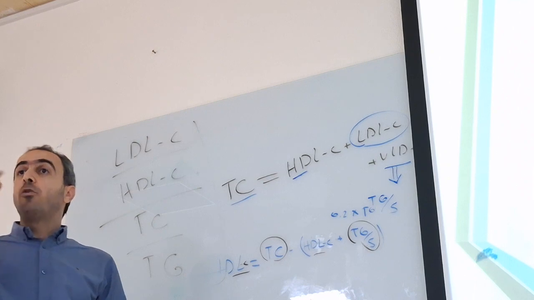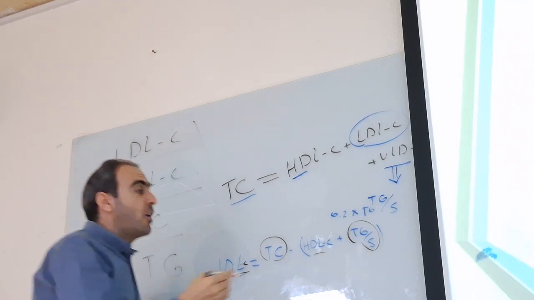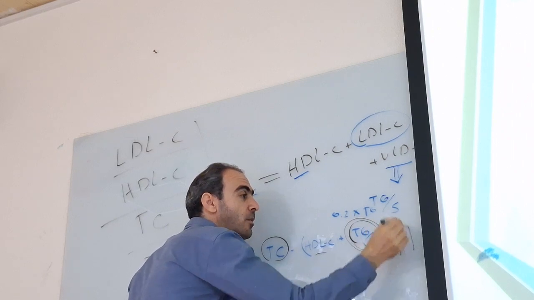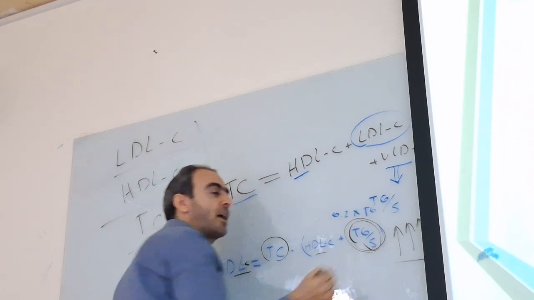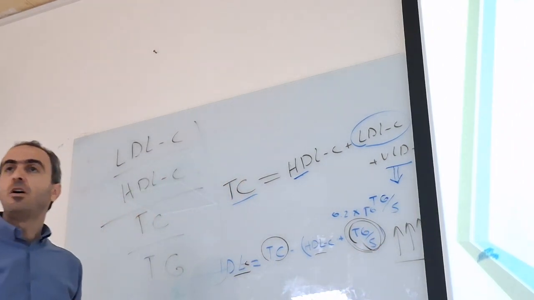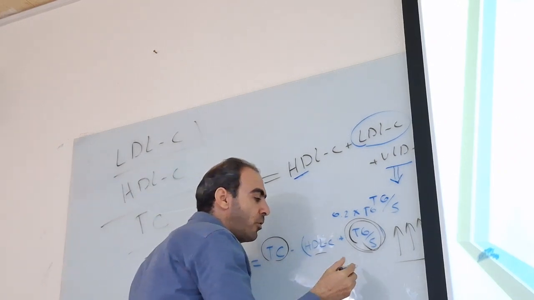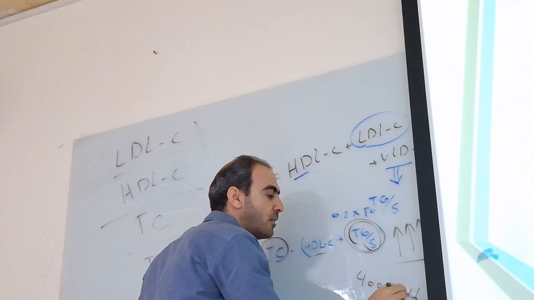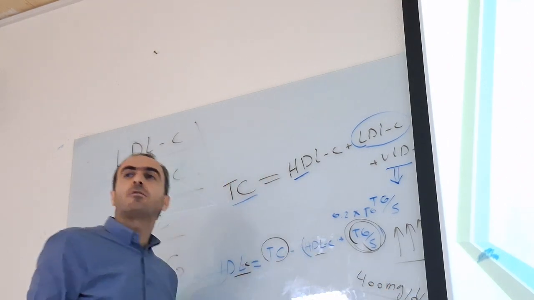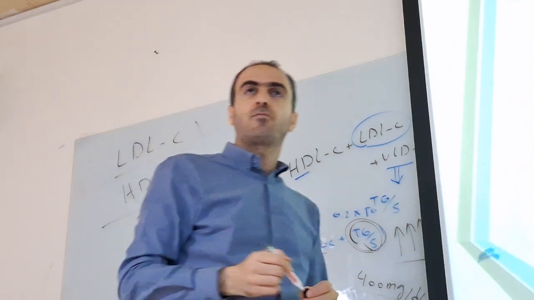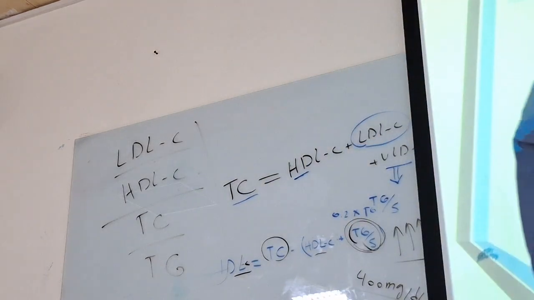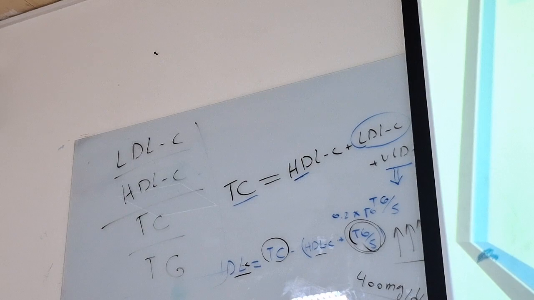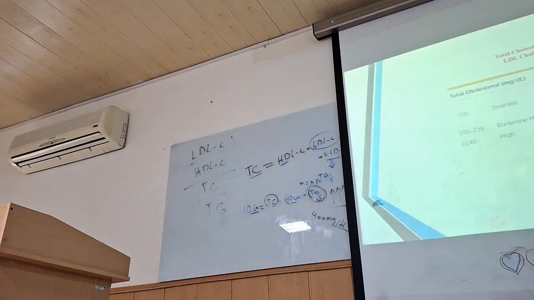But for people whose triglyceride is high, this formula cannot be used. Above 400 milligram per deciliter of triglyceride, the Friedewald equation is not correct. It can be used up to that critical level; after that, it cannot be used.